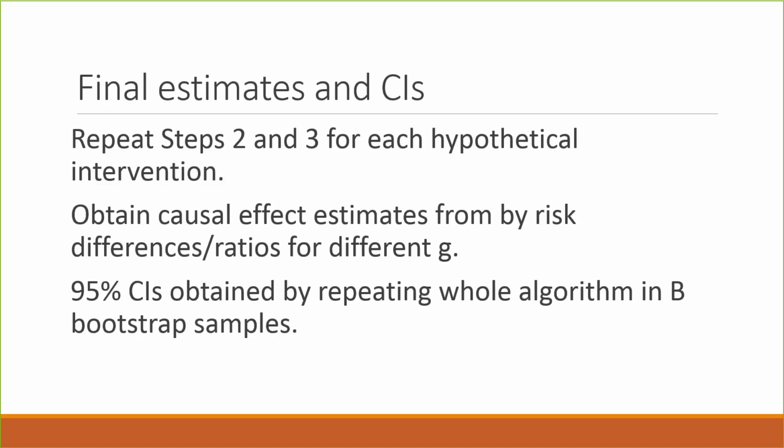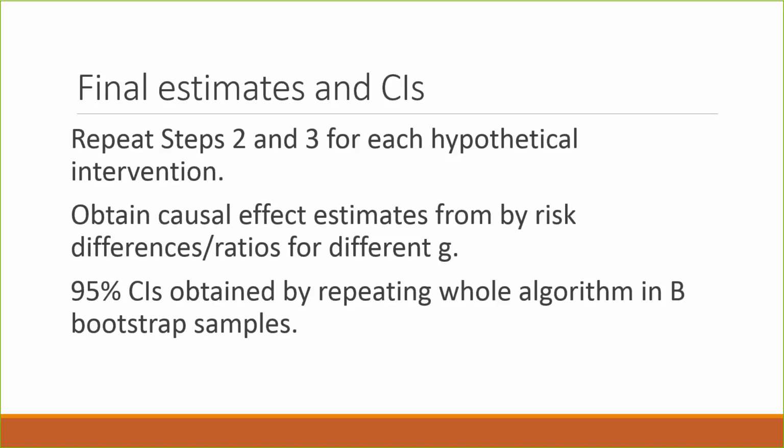Then for getting my estimates of causal effects, I just repeat steps 2 and 3, the simulation step, for G. I change what G is and recompute the final risk, and then I can get a risk difference or a risk ratio for 2 choices of G, say X equals 500 and X equals 200.